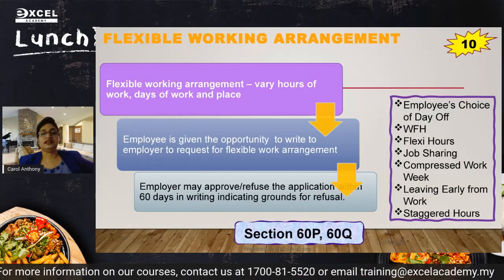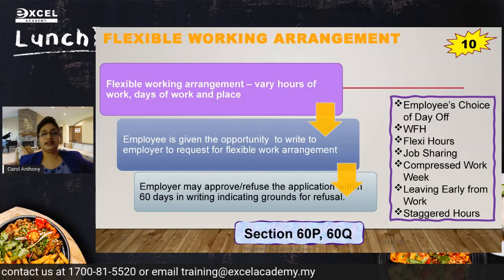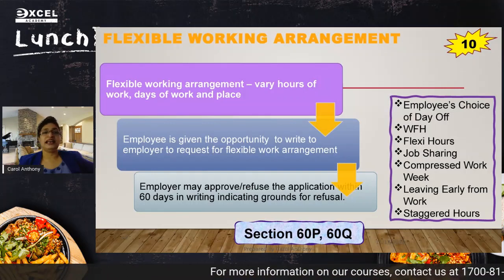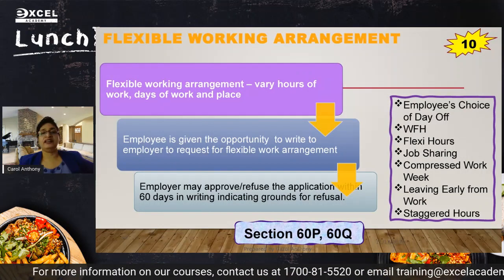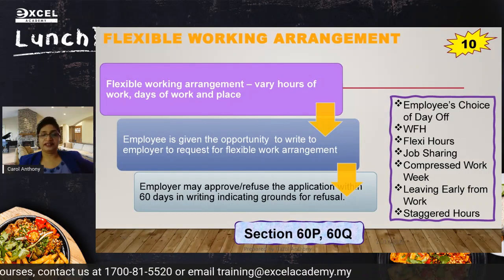Okay, so this is an interesting one, a new clause included under sections 60F and Q, right? Flexible working arrangement, or short form, they call it FWA. Of course, you know this one, if you are aware, this arrangement, some companies have been practicing before it came under the Act, okay?